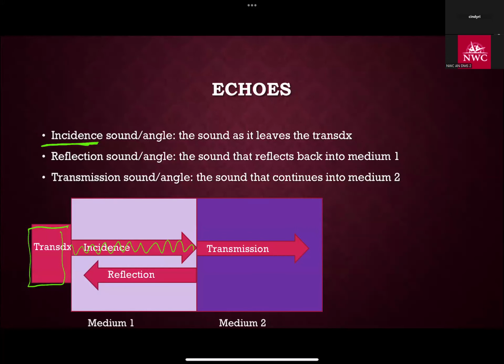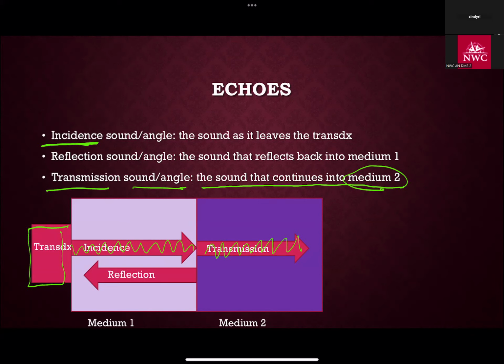Okay, and the part of the sound wave that continues to propagate deeper and deeper, which is this part, is going to now be referred to as the transmission angle or the transmission sound. And this is the sound that goes deeper and deeper into the second medium. So as you can see down at the bottom of the picture, it says medium one and medium two.